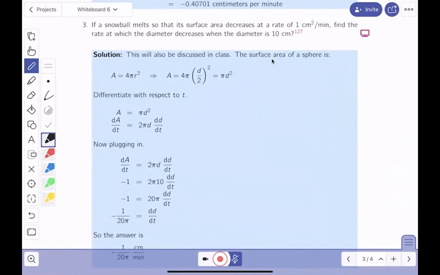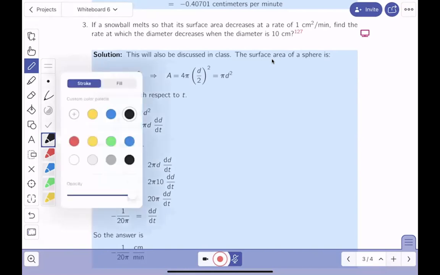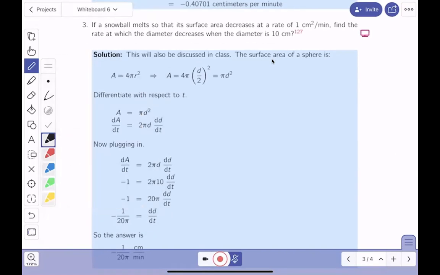I'm going to write this down for you. But again, if you're struggling with this, you can look the formulas up. So the area of a sphere, when I mean area, the surface area of a sphere, is going to be 4 pi r squared.